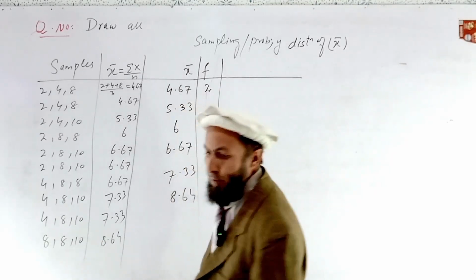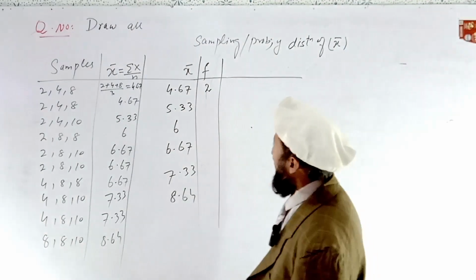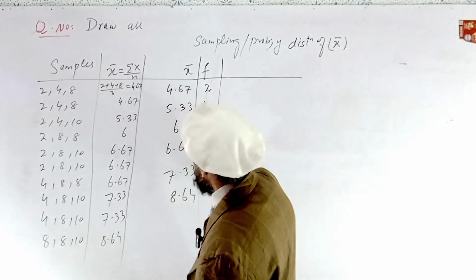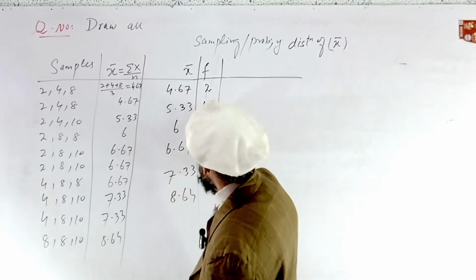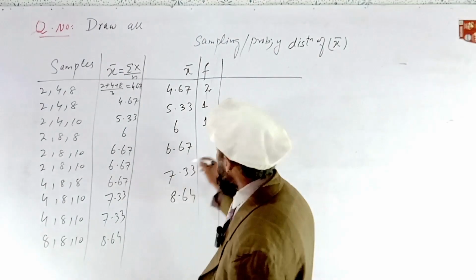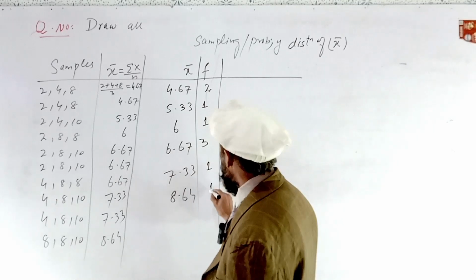It means the frequency is 2. Similarly, here 5.33 is 1 time repeated, 6 is 1 time repeated, and 6.67 is 3 times repeated. Similarly, here is 1 time and also 1 time.